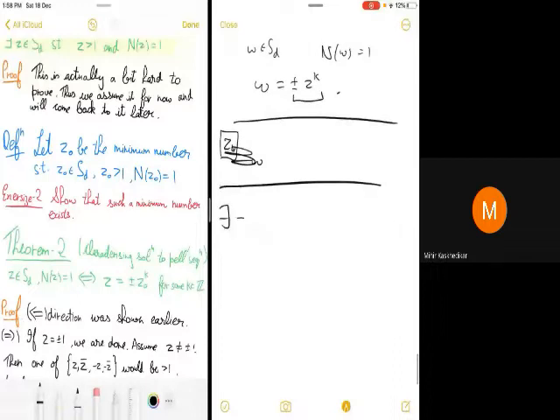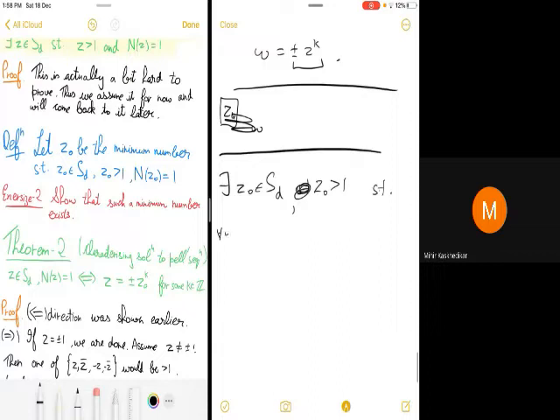There exists Z naught belonging to SD, such that Z naught is greater than 1, so that for all omega belonging to SD with n of omega equal to 1, we have omega is Z naught power k, plus or minus, for some k in the integers. Does that answer your question?